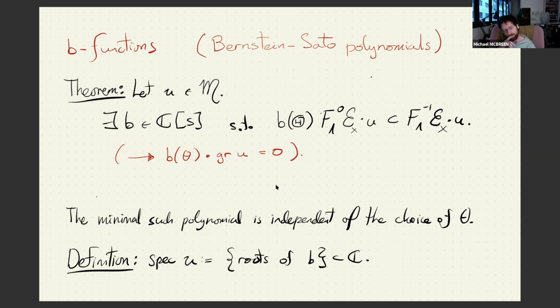The theorem basically tells you that even though theta may not act diagonalizably on M, on the associated graded you can find a minimal polynomial. Given some section u of M, you can find some polynomial b such that b of theta takes u to a lower step of the filtration.